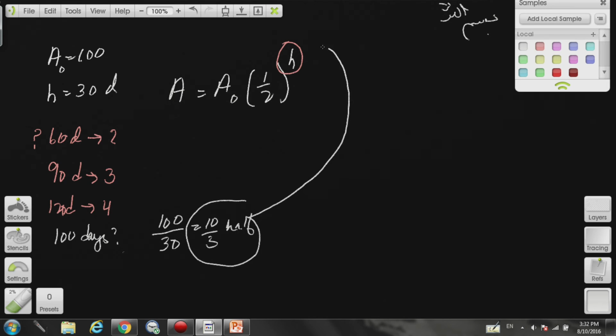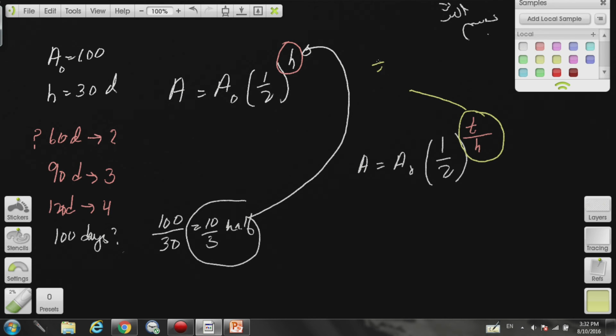Right? So you can substitute this easily and write the formula in terms of days. The number of days, or time, divided by the half-life of the substance will give you how many half-lives have passed. So this is number of days or time or years, whatever, divided by half-life.